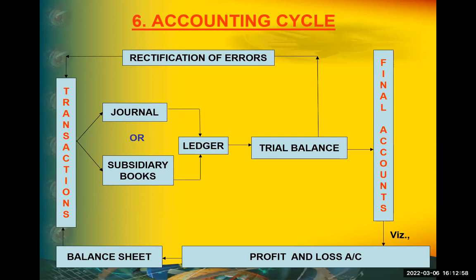But this furniture is not for the purpose of selling. I bought it long back. Now I want to modernize. Now people are not using this furniture. They think it's old. So I'm going to modernize it. So I'm selling it. Which book will write it? No book we can write it because it is not fitting in any of the 7 books. So we are going for the last one, that is journal proper.